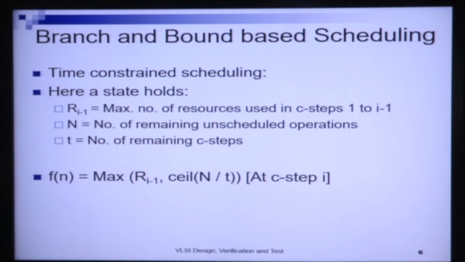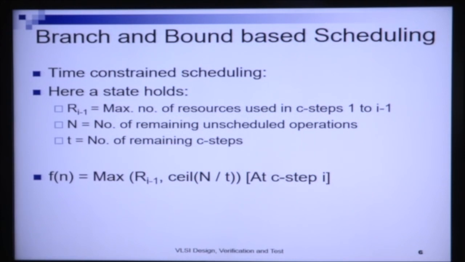If the current best solution tells me that it can schedule with a lower number of resources within the time bound than the lower bound produced at this state, then at this state Fn gives me a lower bound of the number of resources that I will require at any time step.